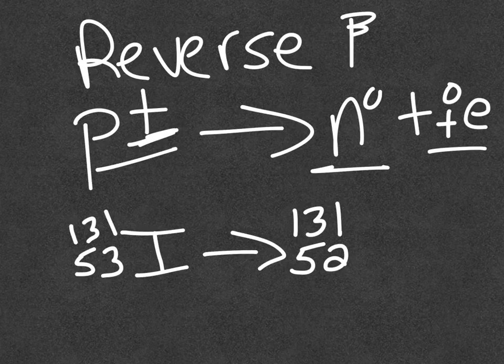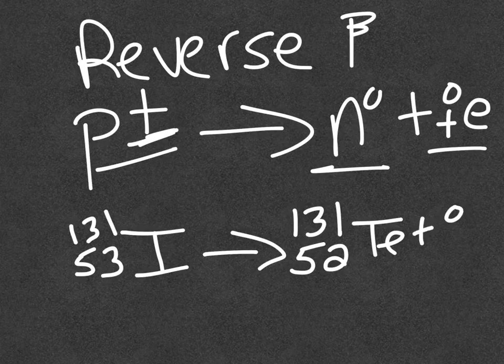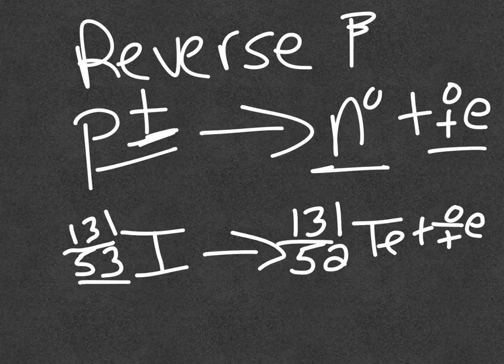I look at my periodic table, and number 52 is tellurium. The last thing then is the release of that little positron. Both sides still match up. 131 plus 0 is 131. 52 plus 1 is 53. So in your reverse beta decay, your mass will stay the same, but your atomic number is going to go down by 1.